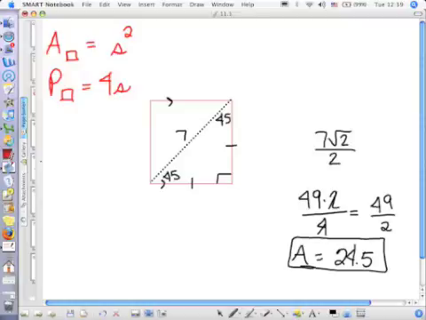Anybody get 14 square roots of 2? I got 12 square roots of 2. 96 divided by 8 is 12.